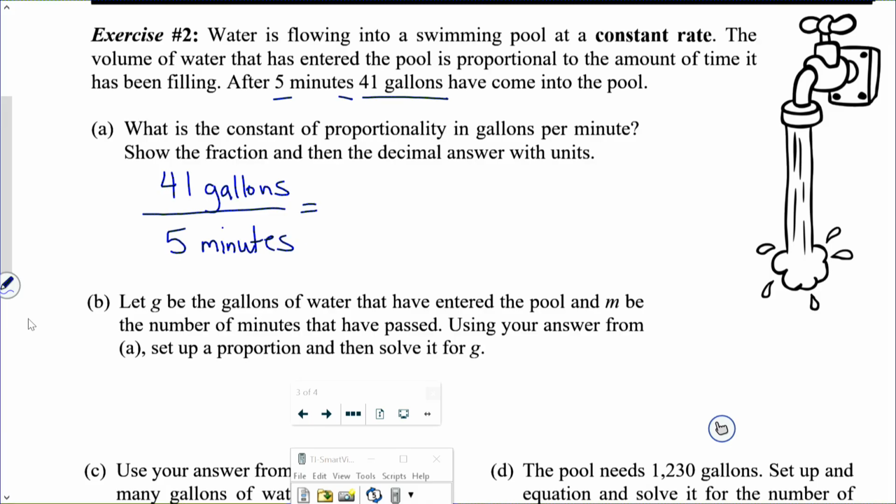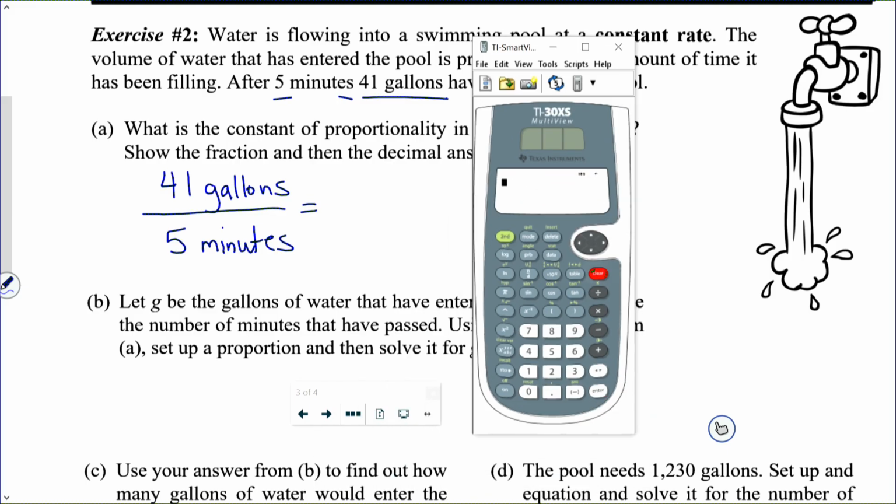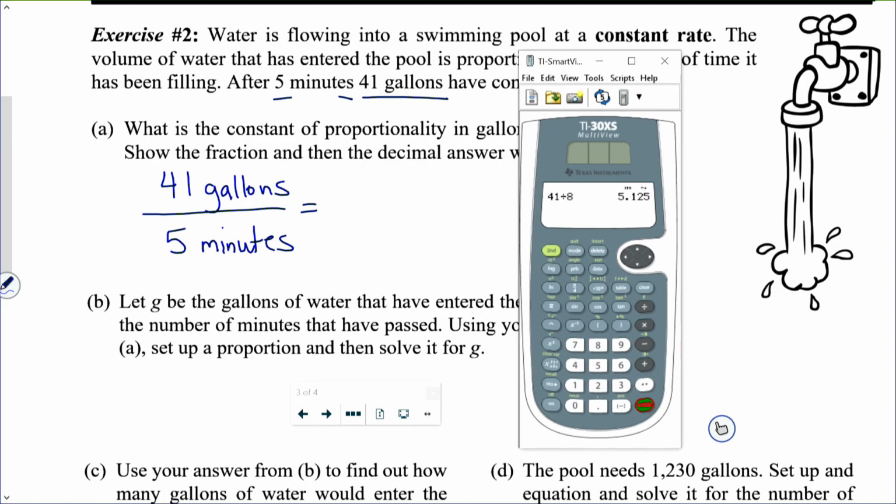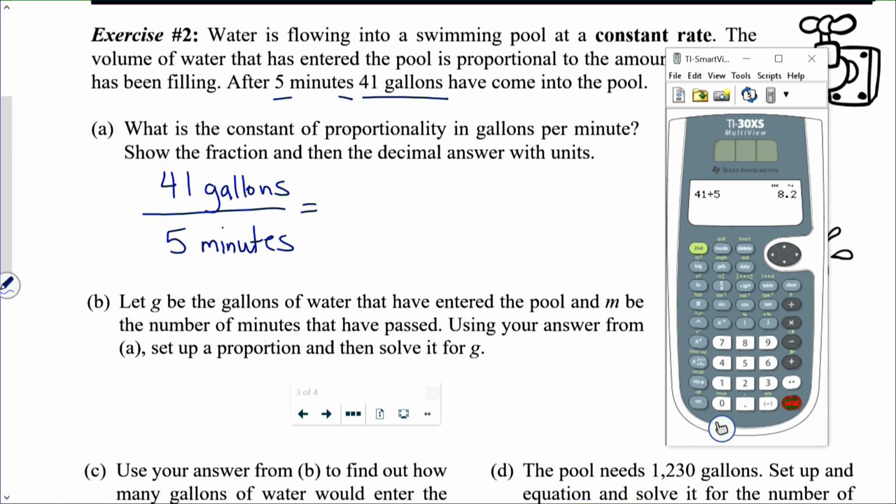Minutes, hours, seconds, whatever. There's our ratio. Now, we can sort of make the evaluation quite easy using the calculator. We'll just do 41 divided by 5, and we get 8.2.